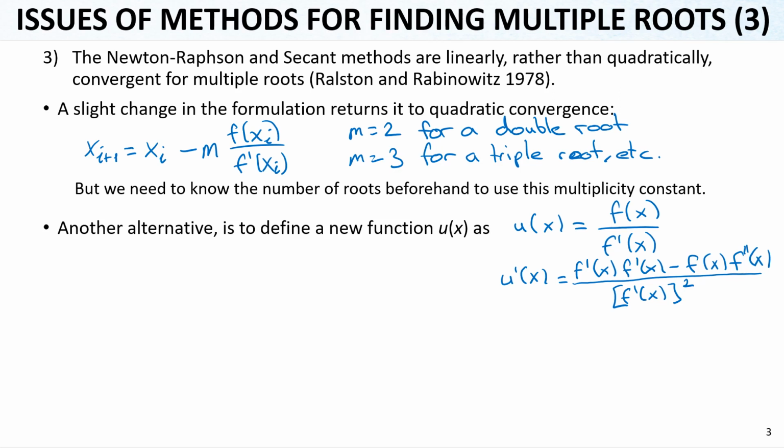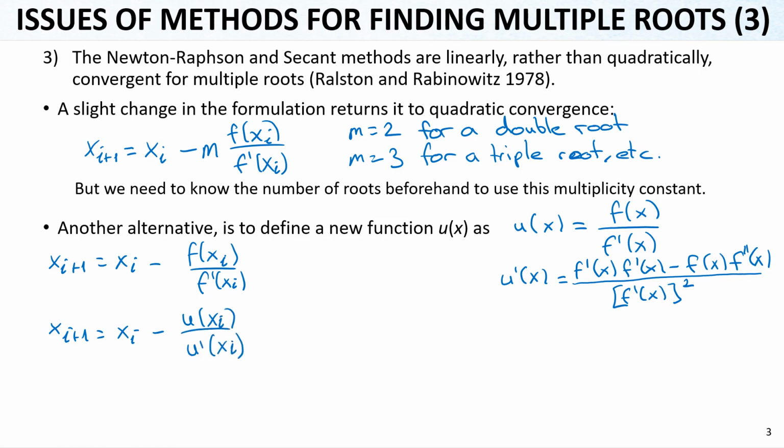with this u(x) value. So if you remember the actual formula, it was this. Instead of this, we change f(xi) with u(xi). Then we say xi+1 equals xi, and instead of f we use u(xi) and u'(xi). So then we are substituting here, and this one to here.